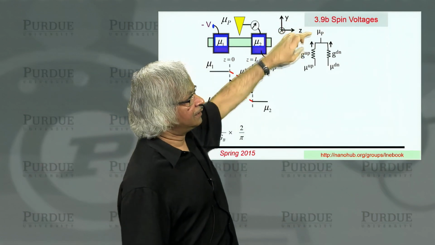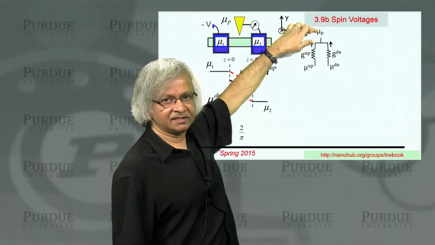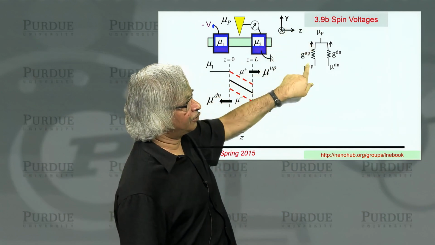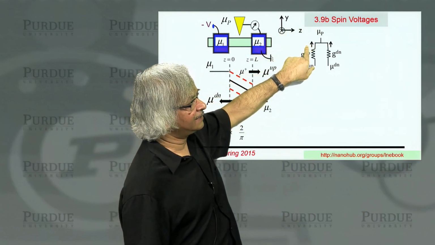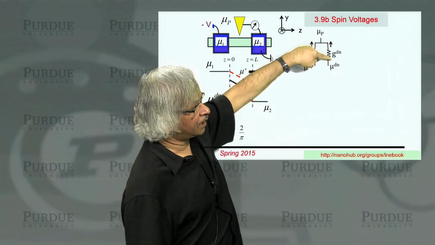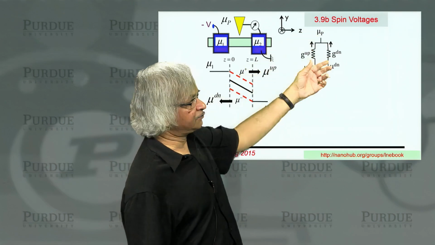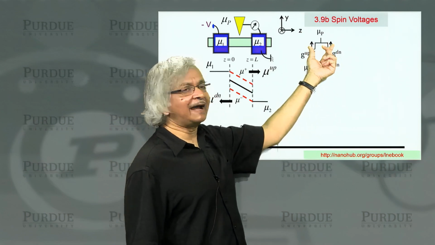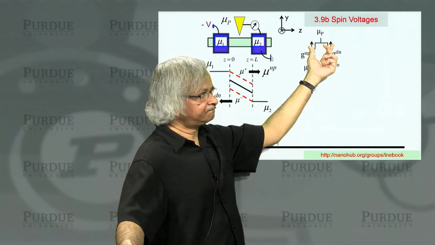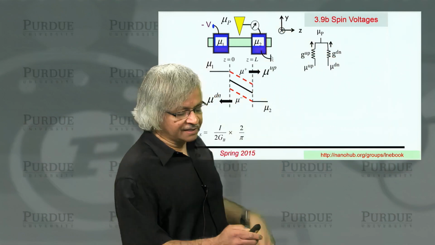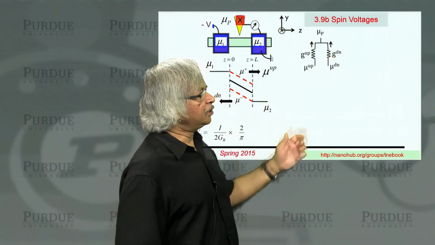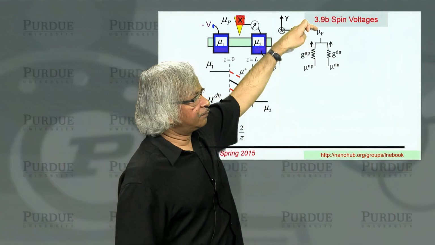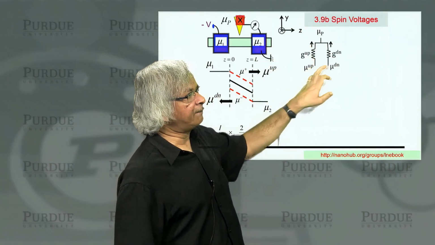And this potential adjusts in such a way that the current flowing in here is exactly equal to the current flowing out here. That is, if you write these two currents, two inward currents, they add up to 0. Right? And based on that, you could usually write the probe potential in terms of up and down.